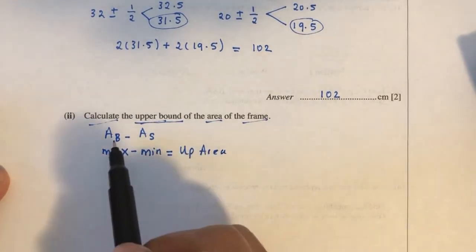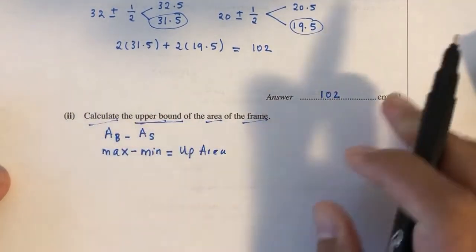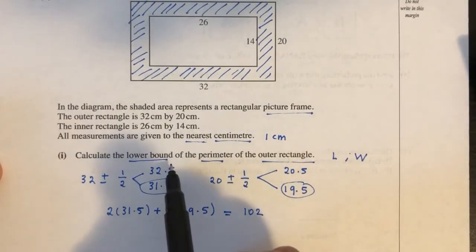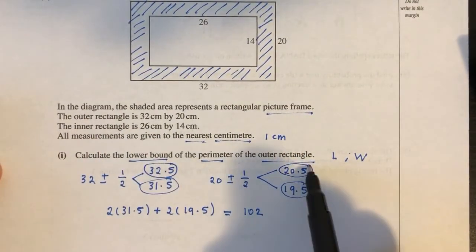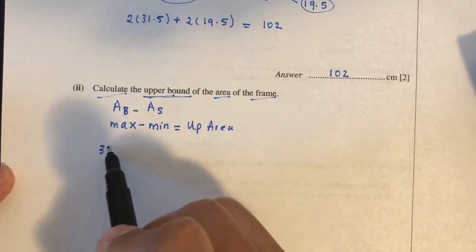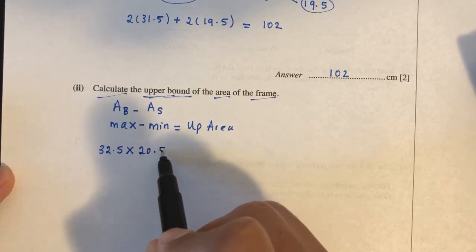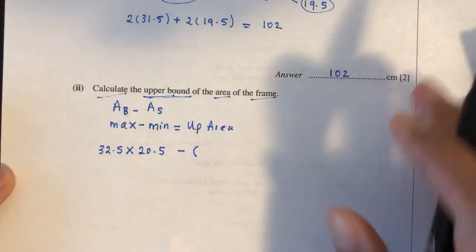What is the max value for the big area? Here we have to take the max and the max. So for the big one, max length will be 32.5 times max width 20.5 minus the small one.